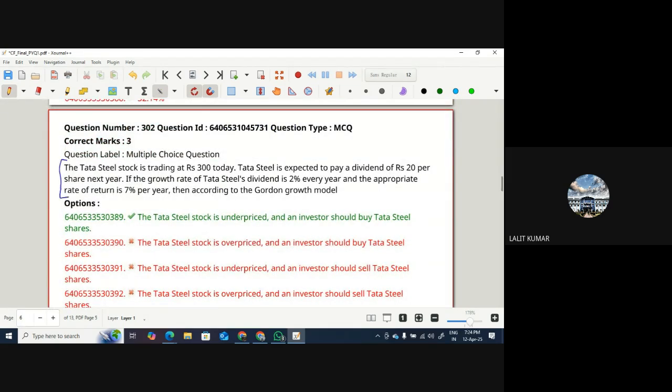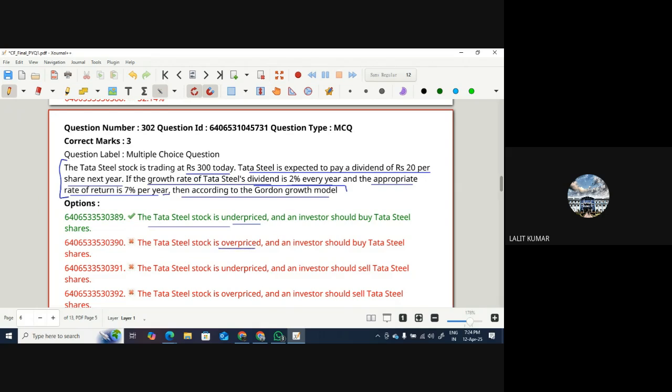Tata Steel stock is trading at ₹300 today. Tata Steel is expected to pay a dividend of ₹20 per share next year. If the growth rate of Tata Steel dividend is 2% every year, and the appropriate rate of return is 7% per year, then according to the Gordon growth model, is the stock underpriced or overpriced?